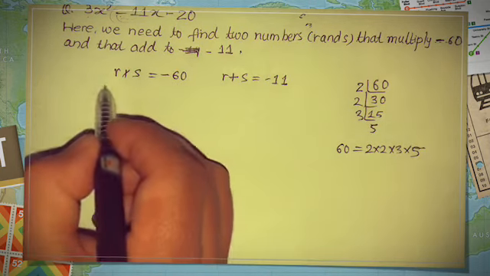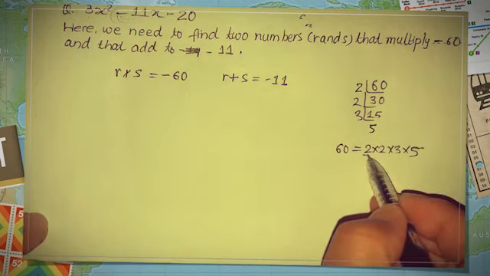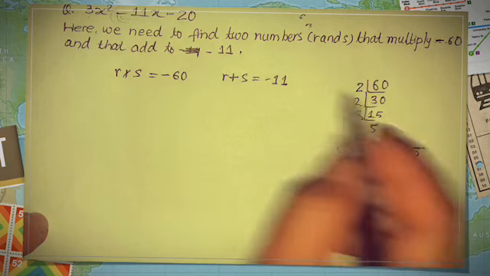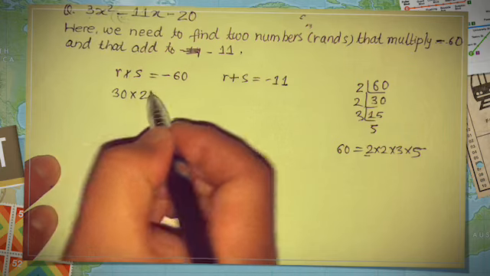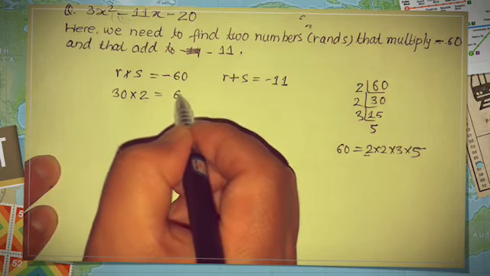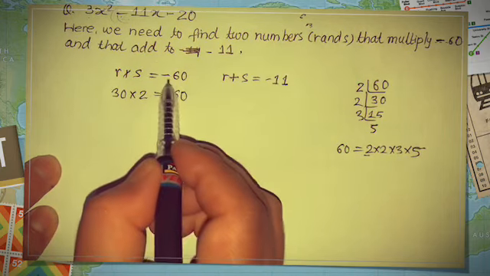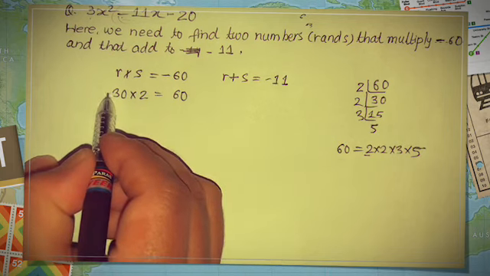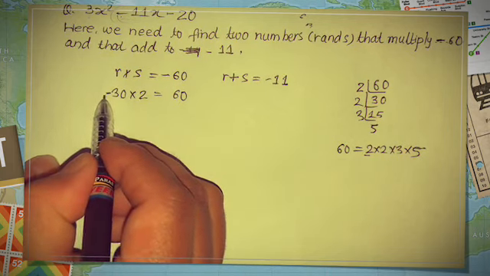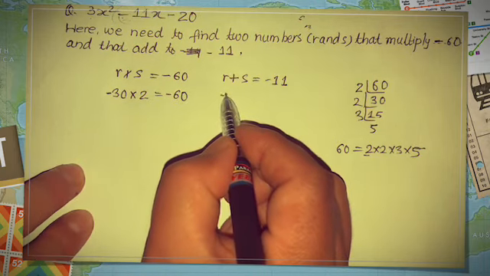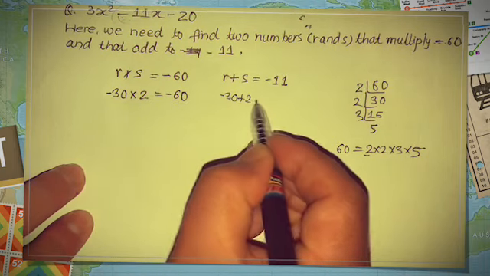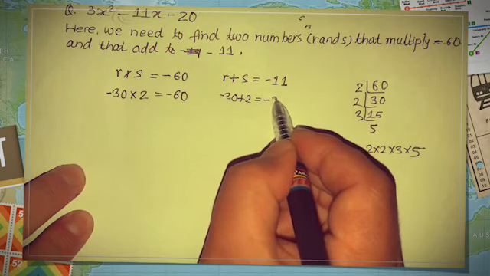So 60 means 2 times 30, 2 times 30, so 30 times 2, we know it is 60. Yes, but it is minus 60, so one of these will be minus. Now what will be their sum? That is minus 28.